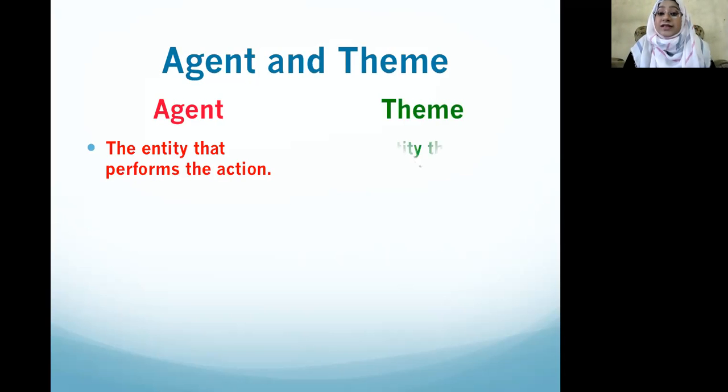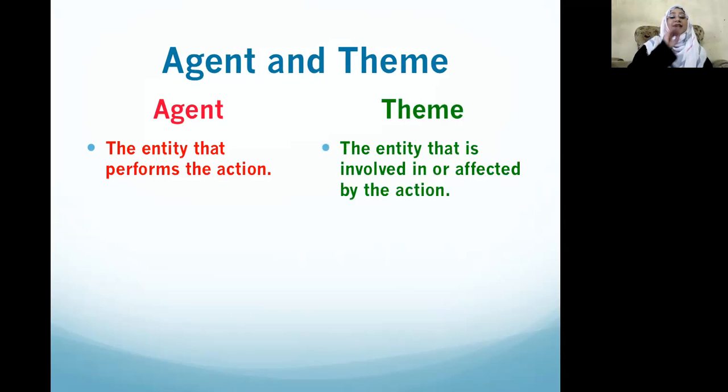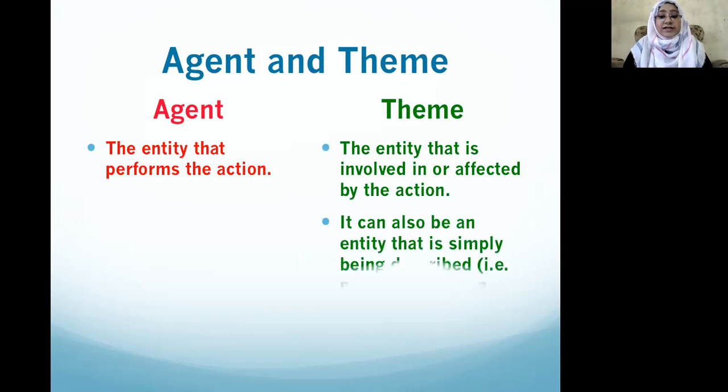Okay, now what is theme? Theme is any entity that is involved in or affected by the action, that receives the action. Okay, now we will see the examples. And one more thing, theme can also be an entity that is simply being described. That is not performing the action or receiving the action, but is only described. That is also called theme. We will see the examples.